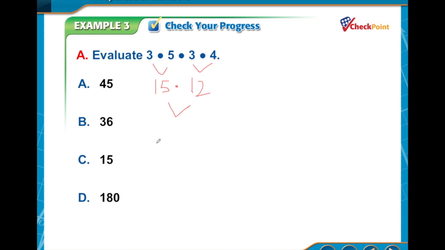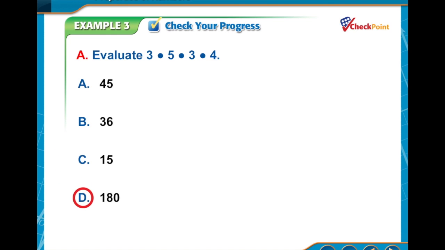Well, 15 times 10 I know is 150. And then 2 more 15s is 30. So 150 plus 30, my total should be 180. So of the available answer choices, we know that our solution should be letter choice D.